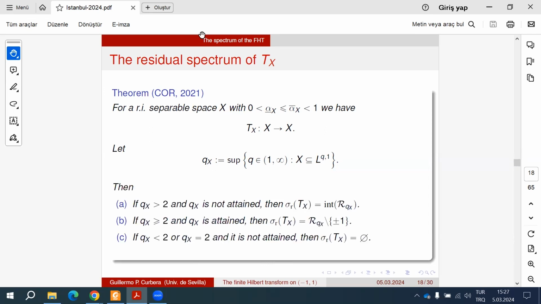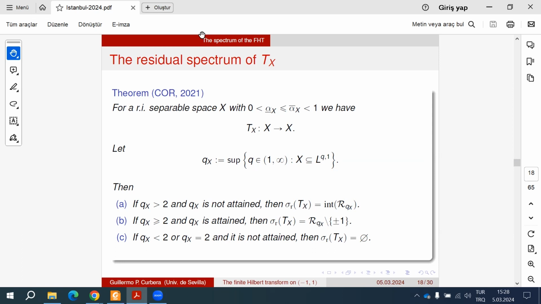And now we have, if QX is larger than 2 and is not attained, we call that a supremum, then residual spectrum is the interior of the shape. If Q is larger than or equal to 2 and is attained, then residual spectrum is the boundary, I mean the full thing, but for the points 1 and minus 1, which are out. And if QX is smaller than 2, or is 2 and is not attained, then there is no residual spectrum.